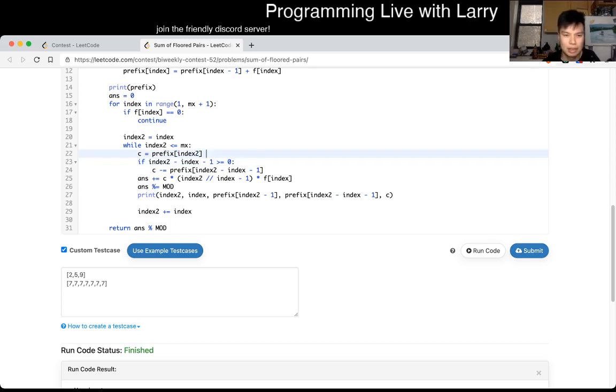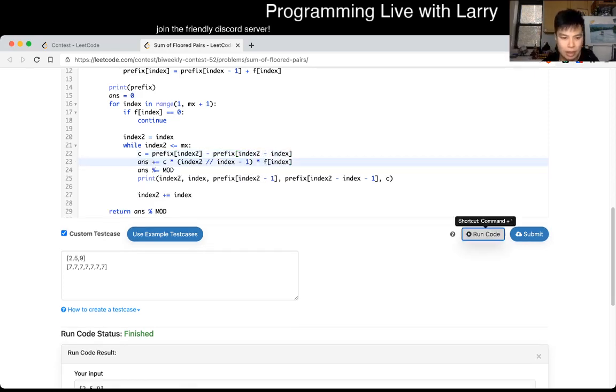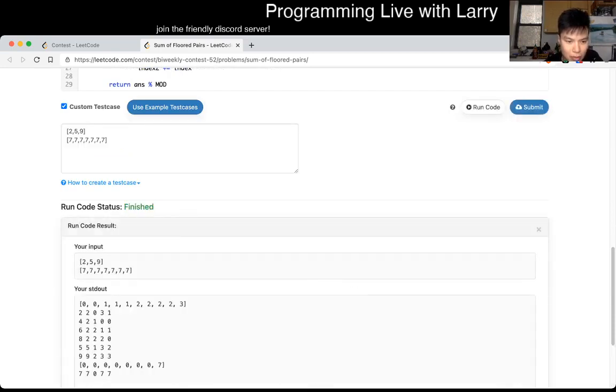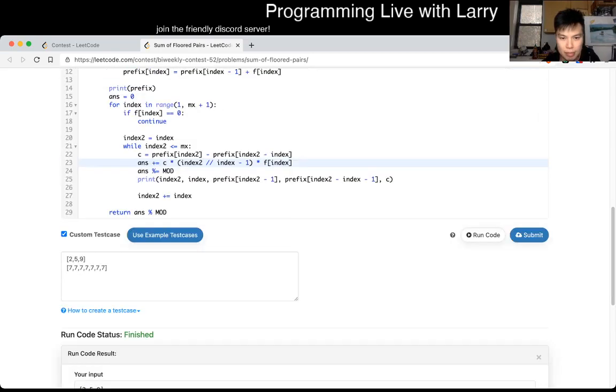Too early in the day. So that's from 7 minus 0. That makes sense. Why is this wrong though? That's 7 minus 7, so that's 1.